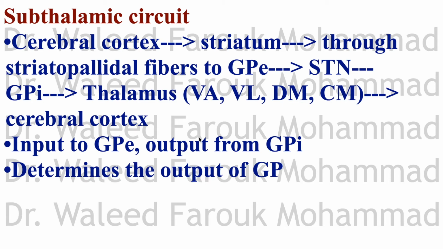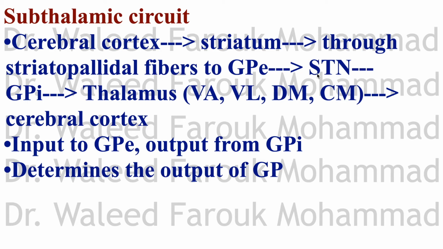The subthalamic circuit receives output from the cerebral cortex through the striatum, the corpus striatum, then through striatopallidal fibers to the GP externum, the globus pallidus externum, and from there to the subthalamic nucleus and back to the globus pallidus internum.